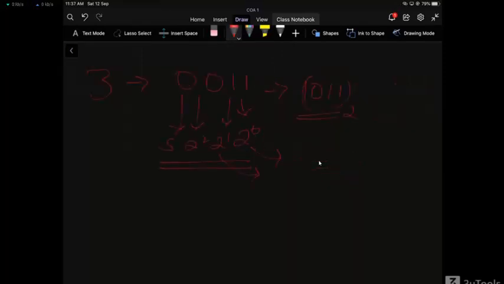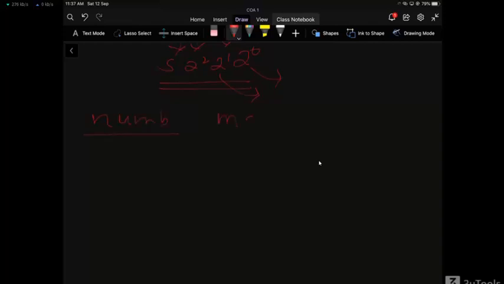Alright, so let us go with a number, its magnitude, 1's complement and 2's complement. Try to understand, if I want a number, say minus 3, or we'll take it as plus 3 in the beginning, the magnitude will be 0 followed by 0 1 1.